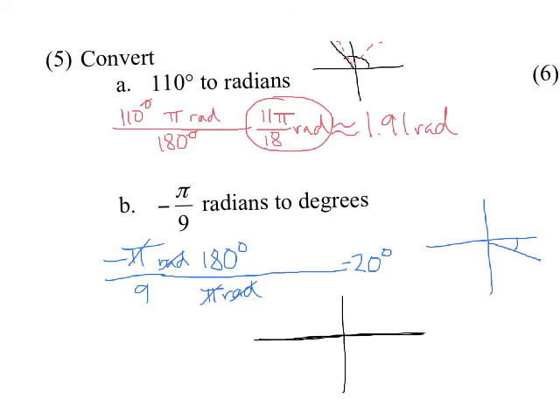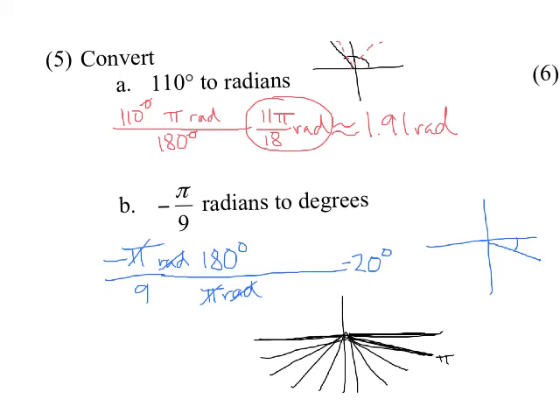And so pi ninths, I would want to divide half of this into 9 equal pieces, which is admittedly a little hard to do, but here's 1, 2, 3, 4, 5, 6, 7, 8, 9 equal pieces, roughly. And I need to go one of those in the negative direction, and so here's one of those in the negative direction.